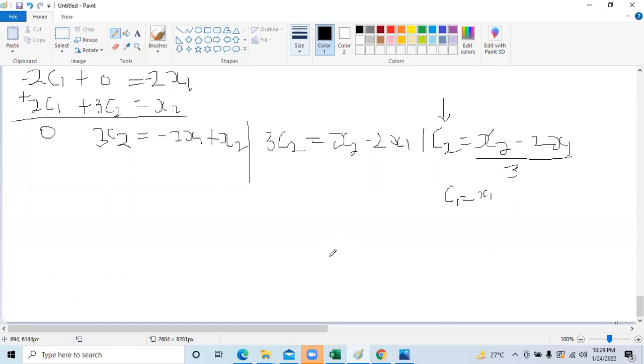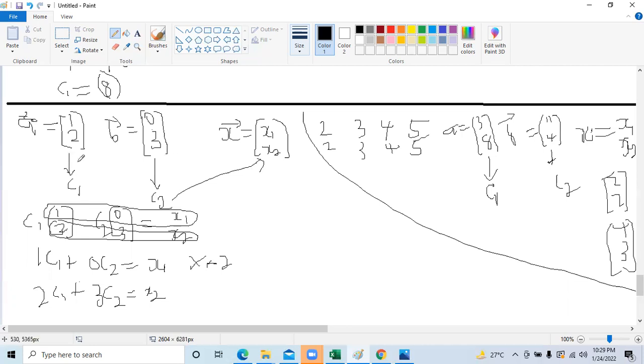So for example, now I'm asking what value of C1 and C2 is going to give me a vector X equals 2, 2.